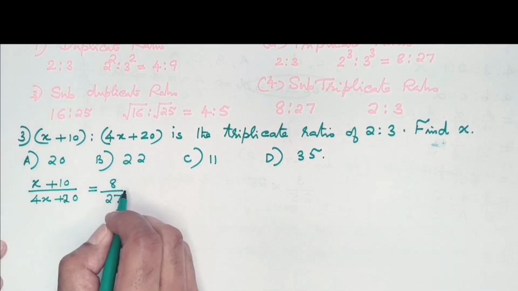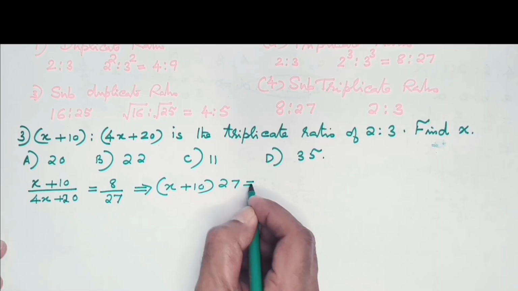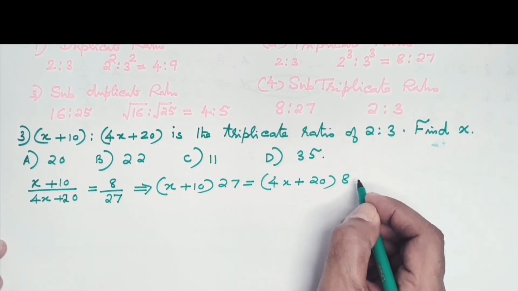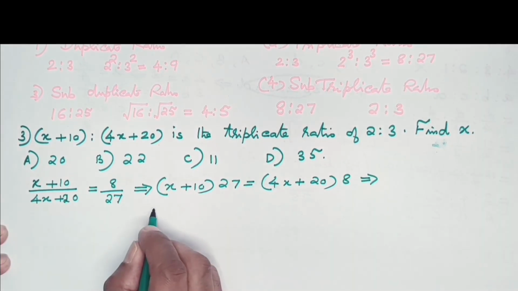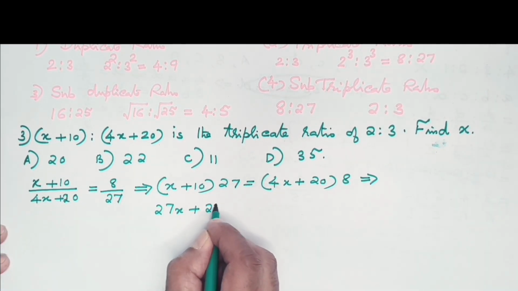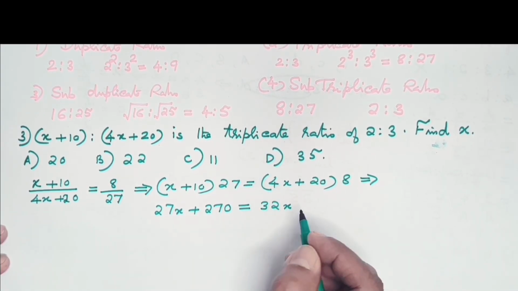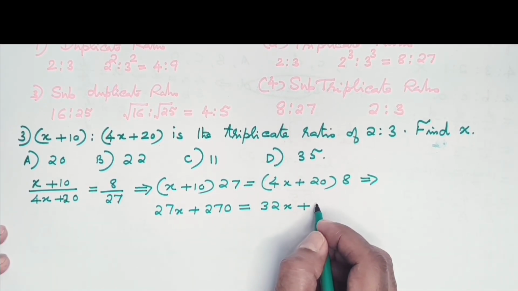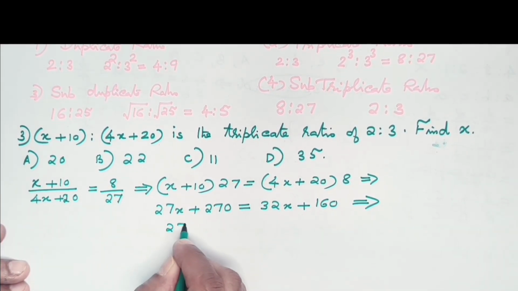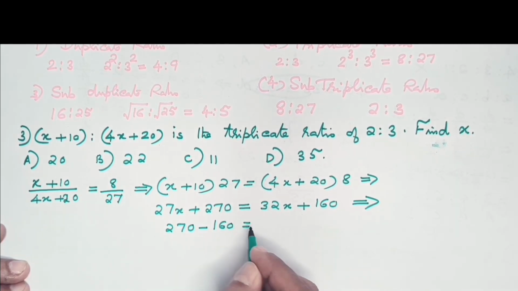So you got a simple equation. Solve this equation. We will cross multiply: 27 times x plus 10 equals 8 times 4x plus 20. 27x plus 10 multiplied by 27, 270, 4x multiplied by 8, 32x, 20 multiplied by 8, 160. Now take 160 to the left side. You have 270 here. 160 becomes minus on the left.